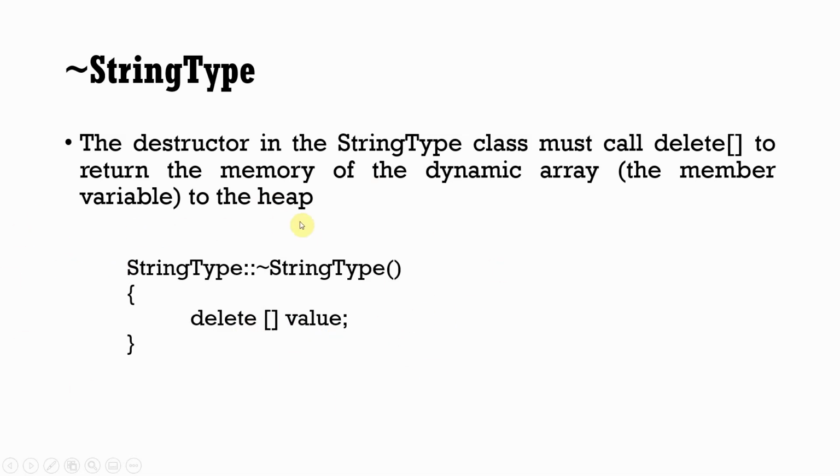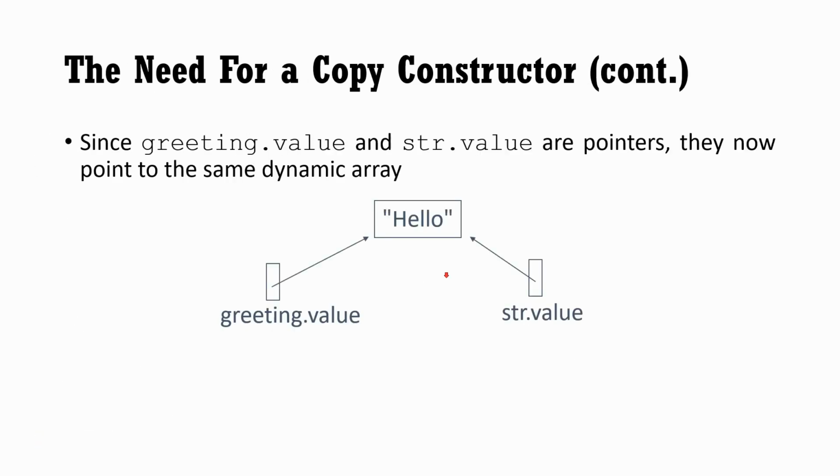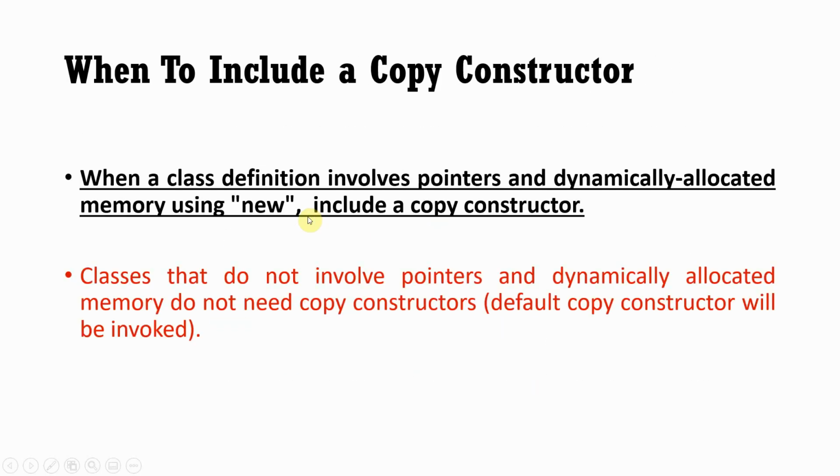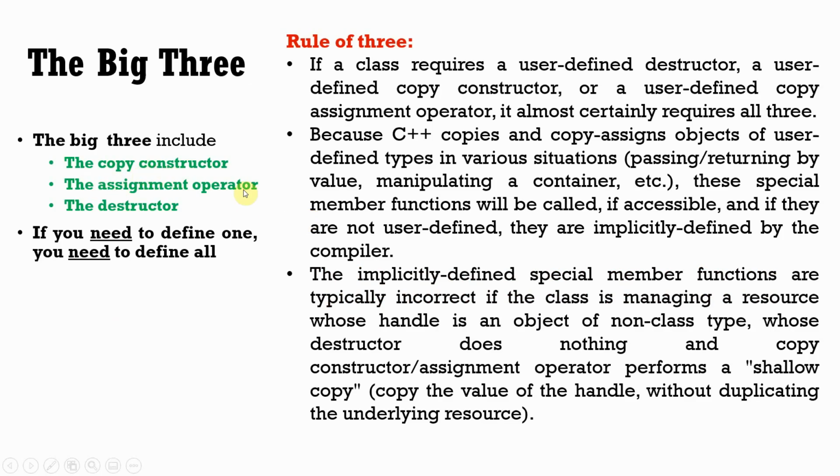As soon as you come to this realization, you should also know that I need to define my copy constructor and assignment operator as well, because the ones that the compiler generates for me are not good enough. And it works the other way around as well. If you realize that you need a copy constructor, it means that you need to define the assignment operator and destructor. So this is called the rule of three, or the big three, which are these three member functions.